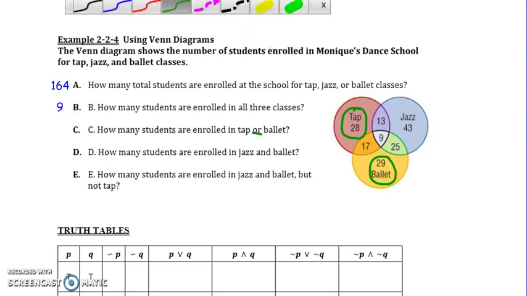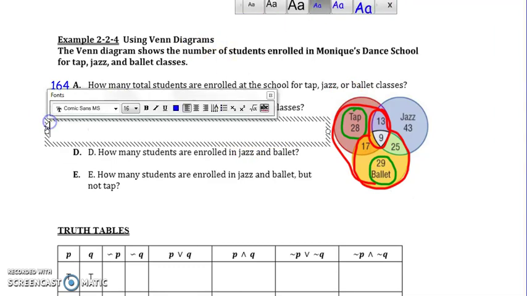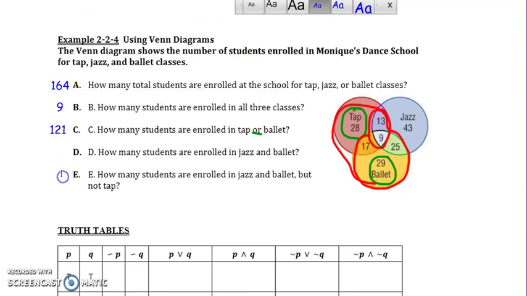Let's go and circle these, we also have these that are within that tap circle and these that are in that ballet circle. So we technically need all of these, because those are within the ballet and tap circle. So tap or ballet. So adding all of those up is going to get you 121.